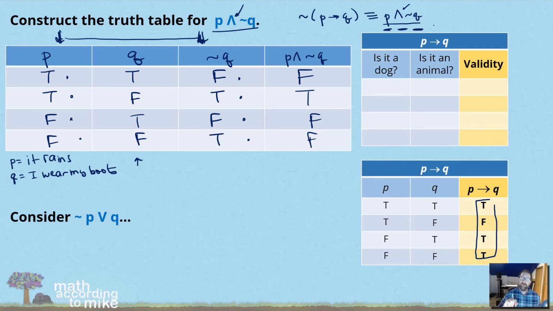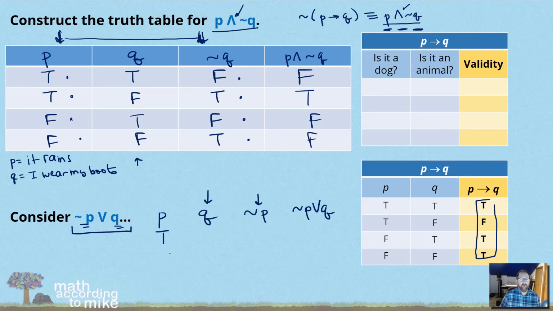What if you wanted to rewrite an if-then without using AND? Well, at the bottom there, consider not P or Q. We're going to make another truth table. P and Q are two unique letters, so we need 4 rows. What else do we need to complete this? We need a not P column, and then we'll have our Q, and we'll OR them together.